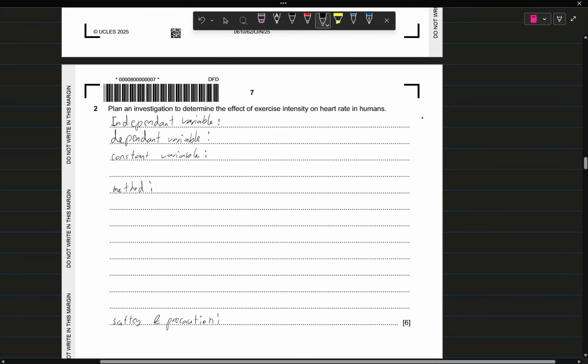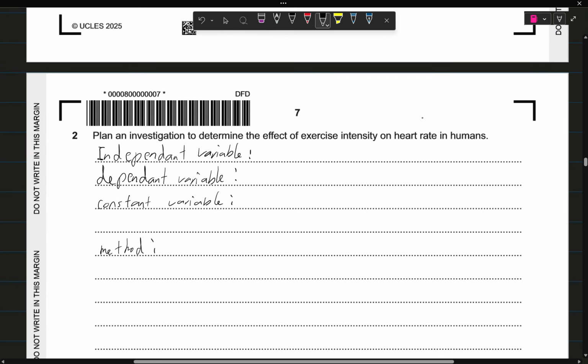Now for the independent variable, essentially what we are assessing here is the effect of exercise intensity on heart rate in humans. Here you can assess that in different ways actually. Exercise intensity isn't only exercise, so you can assess that by different methods.